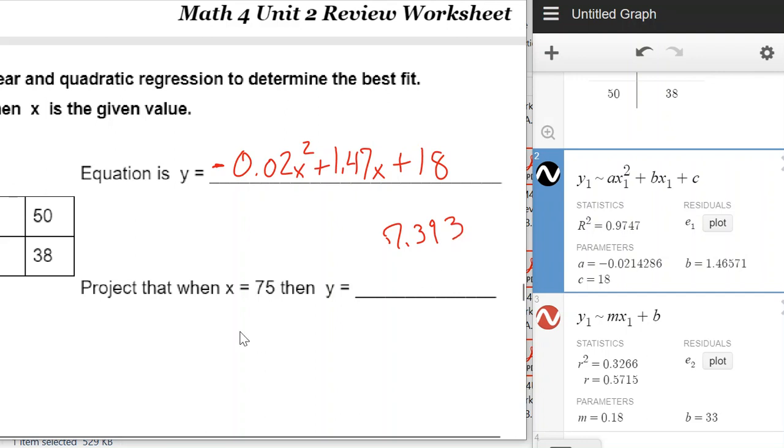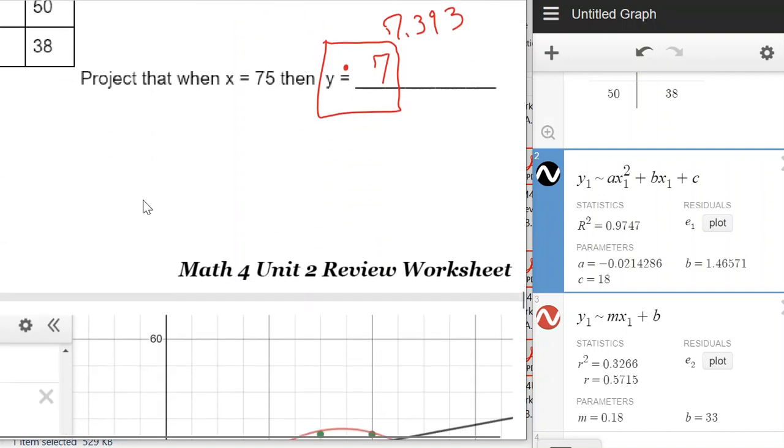But I look at all of these y's on the table, and they're all whole numbers. So I think I'm just going to call it 7. I'm going to acknowledge that I'm rounding this, but that's where I'm going to leave my final answer. It's going to be a little more than 7, but it's 7.